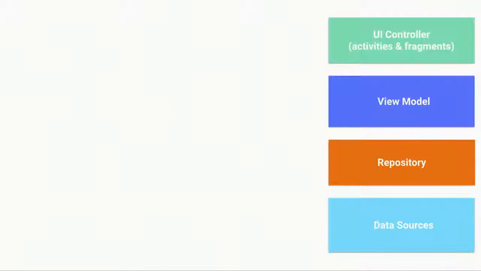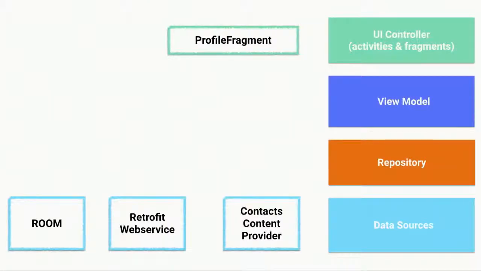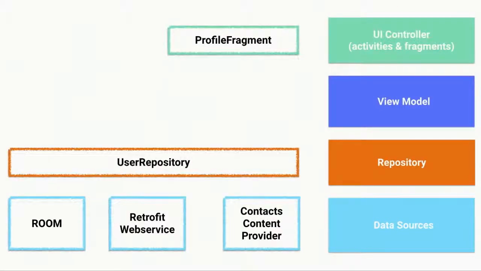So let's go through a concrete example. Let's say we have a UI that shows a user profile, and we have the data sources, which we save to the database, and we can also get it from the network. How do we connect these two things? Well, we said we first need a user repository. User repository knows it should check the database. If it's not there, make a web request, or meanwhile also return the database. It doesn't matter how it does it, but it knows how to create a live data of a user, or an observable, doesn't matter.